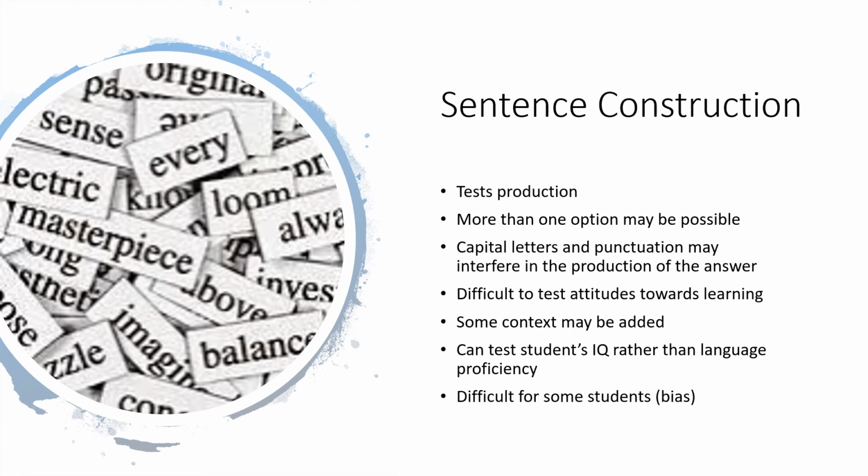It's also difficult to test attitudes because the construction of the sentence may be focused on a particular area and some context would be added to it. This kind of items can test students' IQ rather than language proficiency because of the situation given. And it can be difficult for some students, and this may be biased.